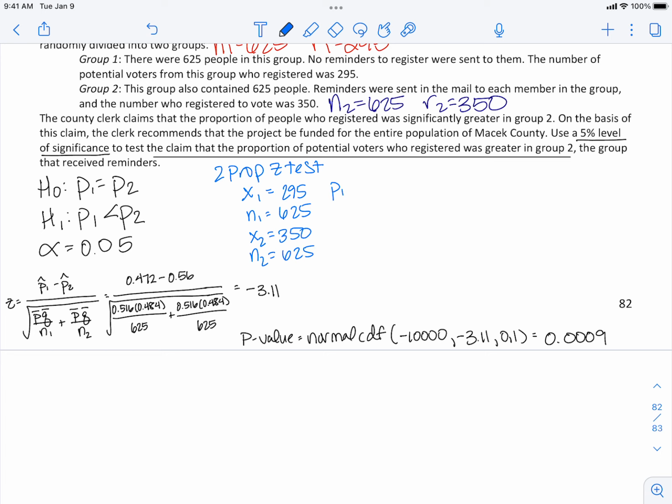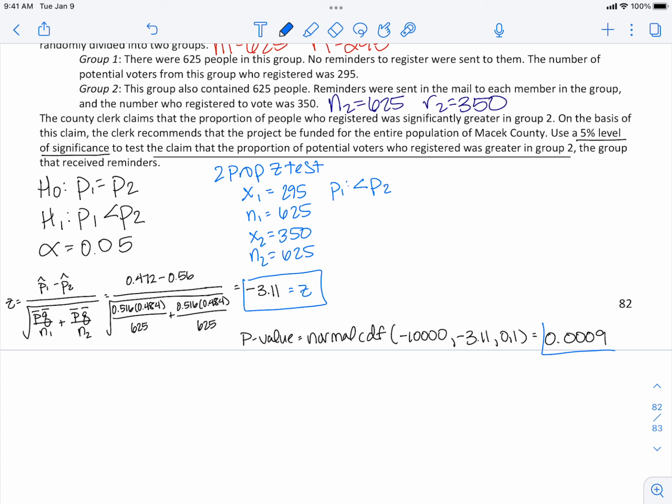Then we have to choose P1, and in this case, we're choosing less than P2. And then we go to calculate this. You will get exactly the same z value, negative 3.11, and then same p-value, okay?